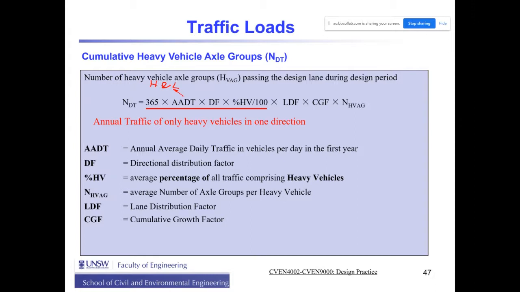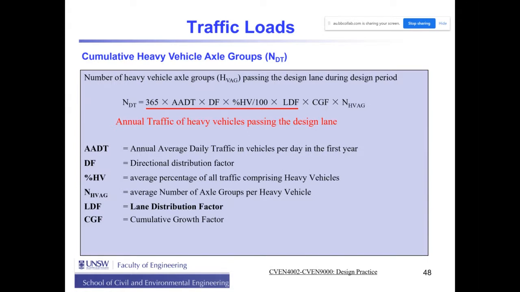But this is for the whole direction. If you want to determine it just for one lane, because I mentioned that we need to determine the traffic just for one lane, then you need to multiply it by LDF. This will give you annual traffic of heavy vehicles passing the design lane, right?